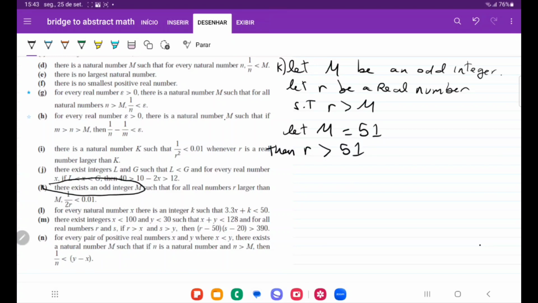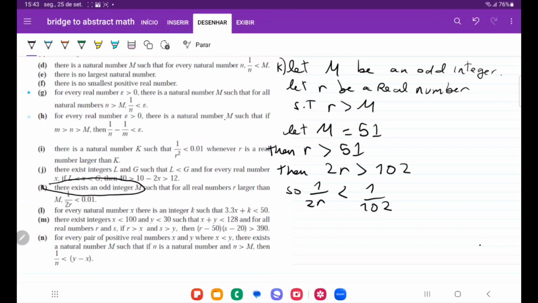Now we just multiply everything by 2. Then 2r is going to be greater than 102. So 1 over 2r is going to be less than 1 over 102.